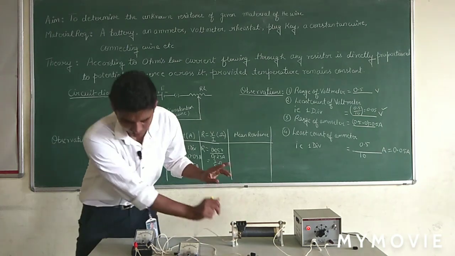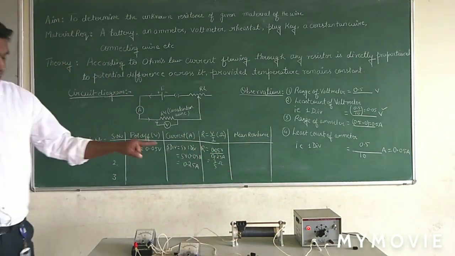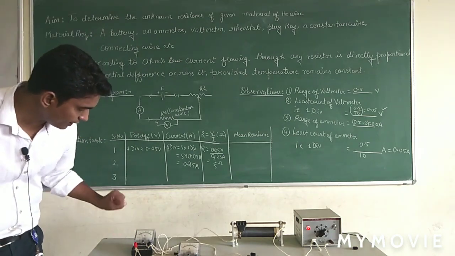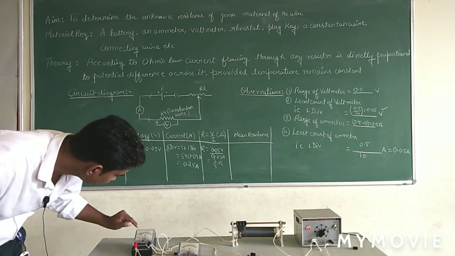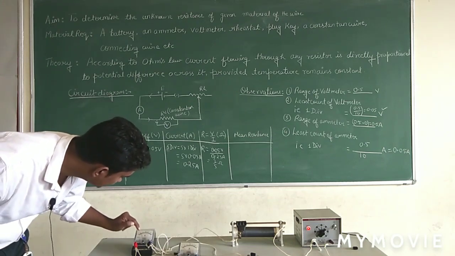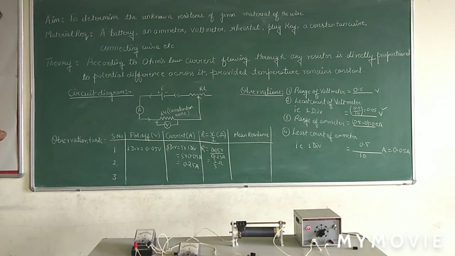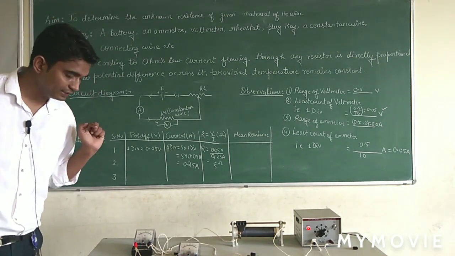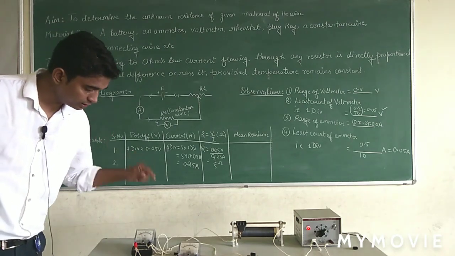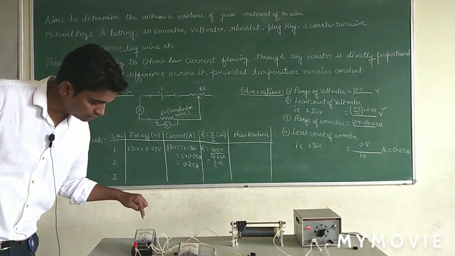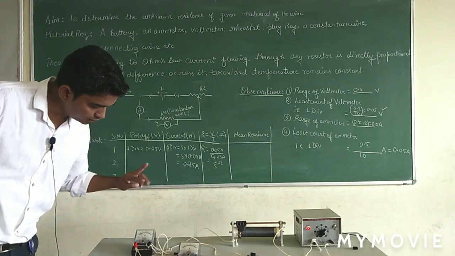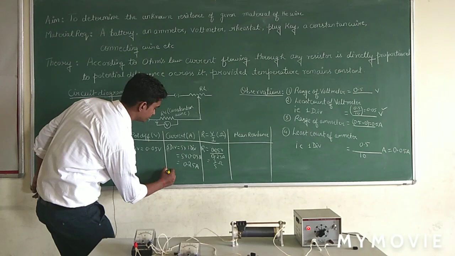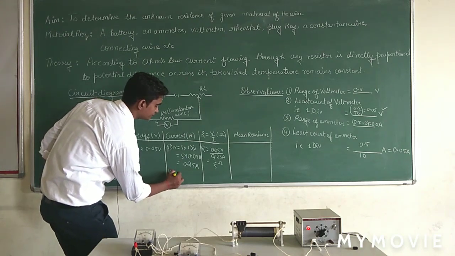Whatever reading I obtain at this position of the rheostat, the ammeter is showing the 12th division. Up to 0.5 there are 10 divisions, and this needle is coinciding with the next to 2 division, that means the 12th division. So the reading of the ammeter is 12 divisions.